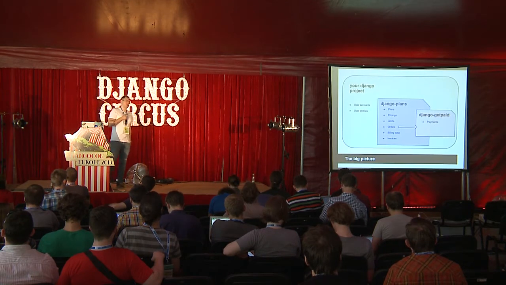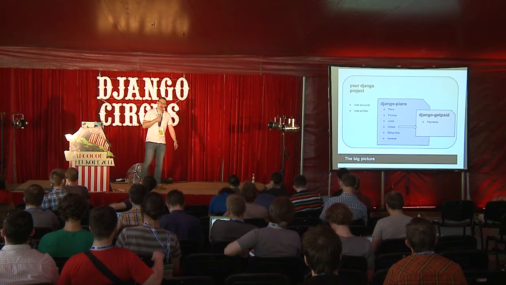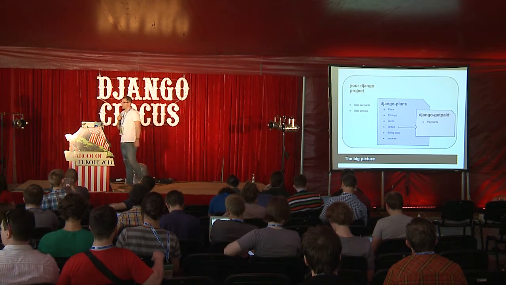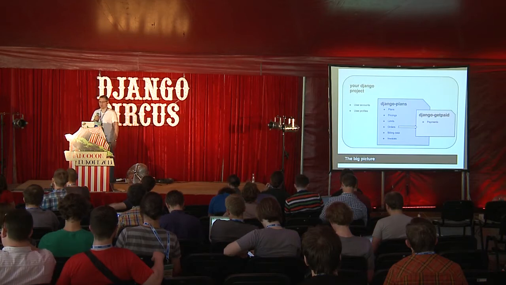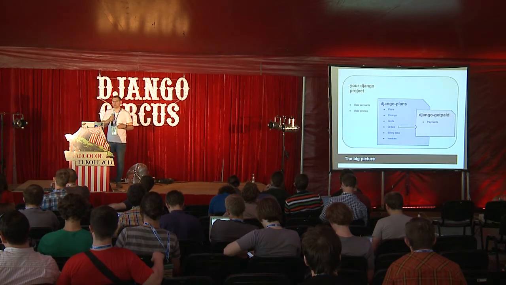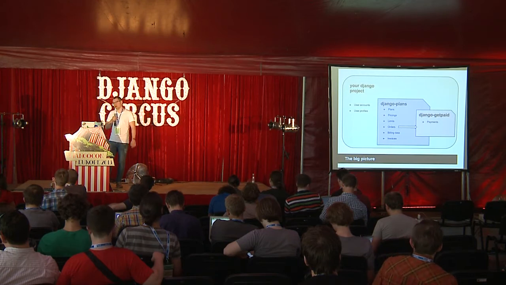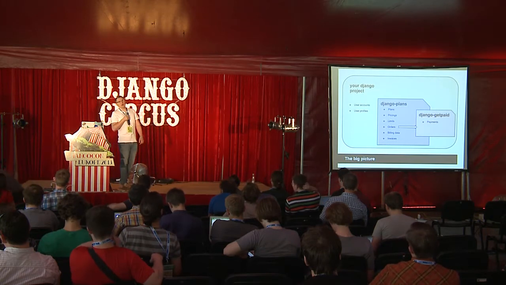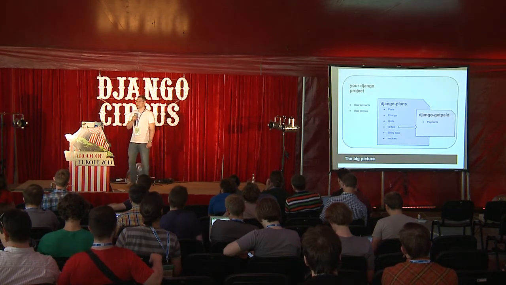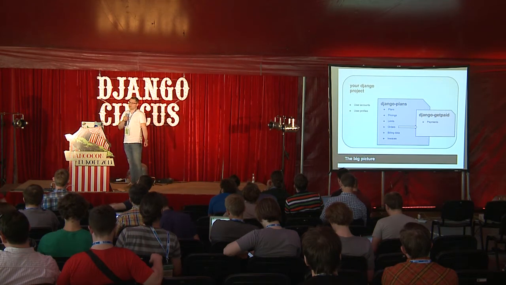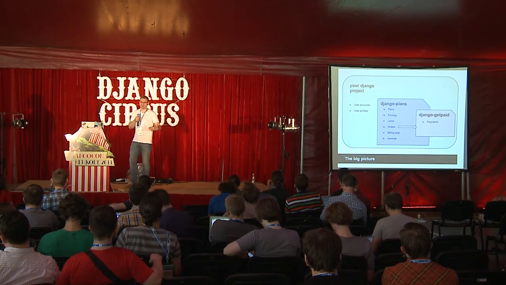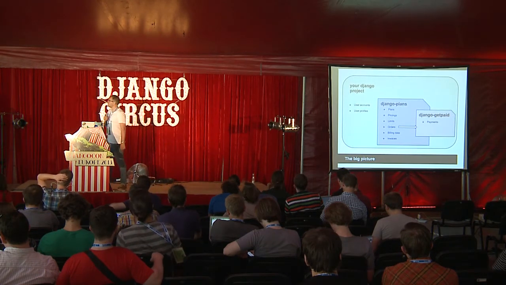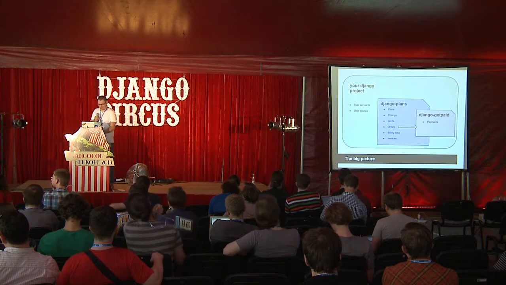So the big picture, before I start to discuss these applications separately, is like this. You've got the app, then you've got Django-plans that you use for managing plans, orders, invoicing, all the stuff. And if you have the order model in your application, then you need to get paid for this order. So that's where GetPaid comes in, and you can start using it.